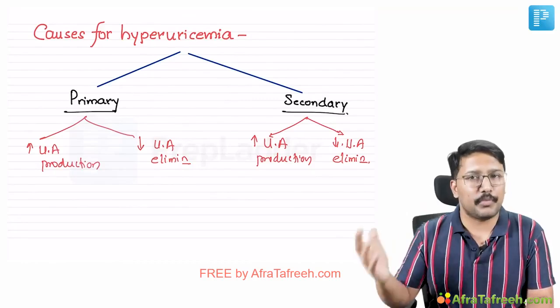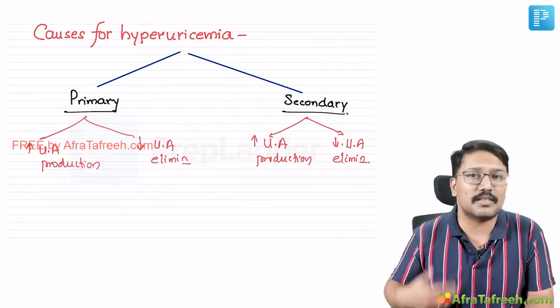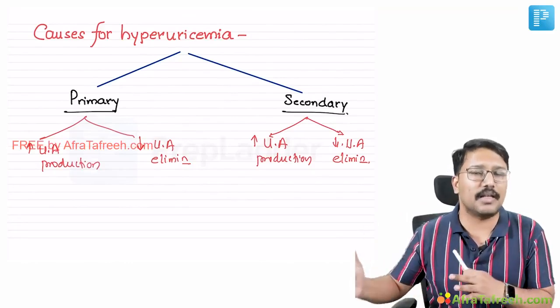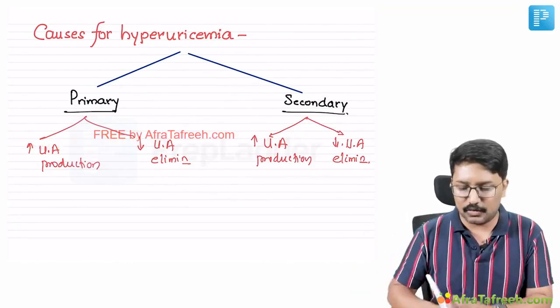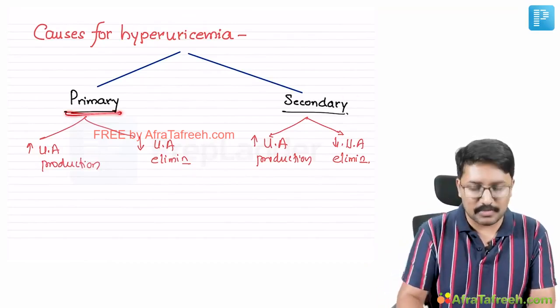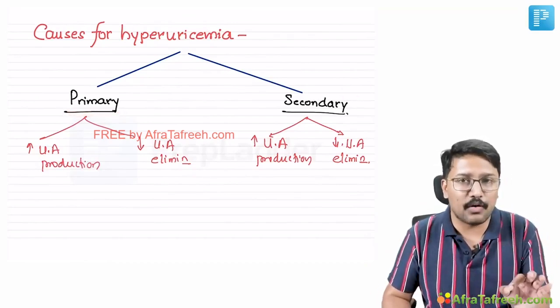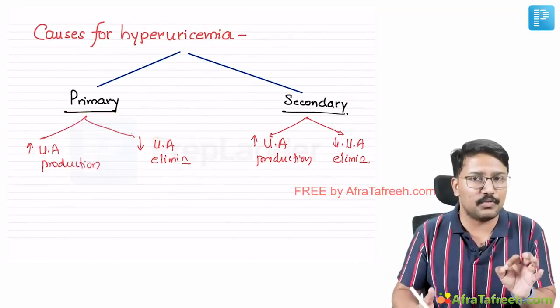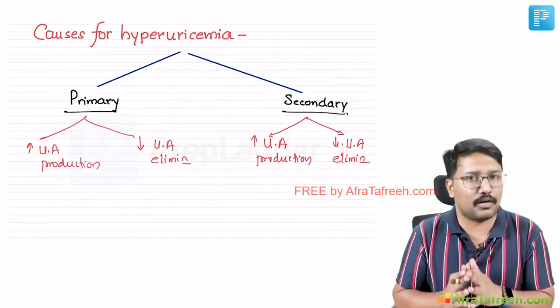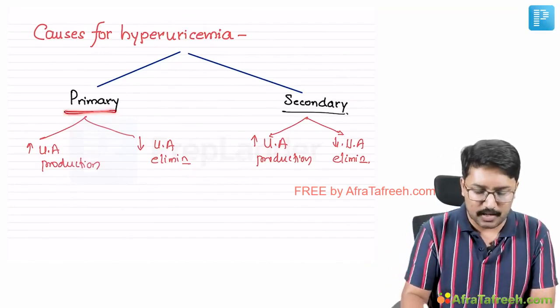Now, if the purine metabolism is increased or there is purine catabolism, the causes could be because of increased cell turnover or anything else. In those cases, we will put them under secondary causes. So primary means the purine metabolism is abnormal and there is increased purine turnover because of enzyme deficiencies. So there is an inborn error of metabolism when we talk about primary.